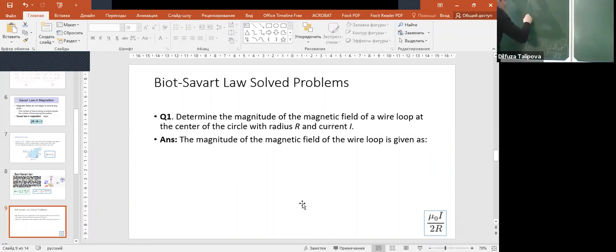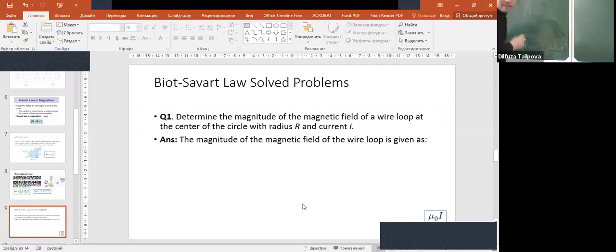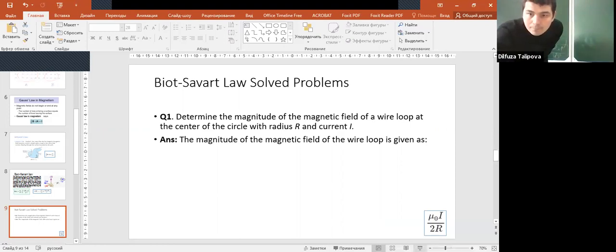This one is the wire, the length of the wire is equal to L, and the current is carrying in this direction again, I.